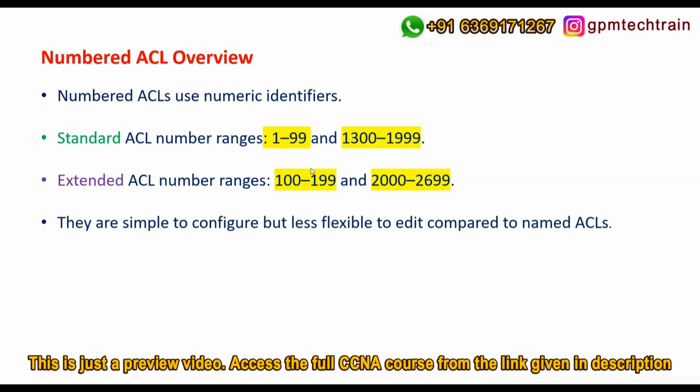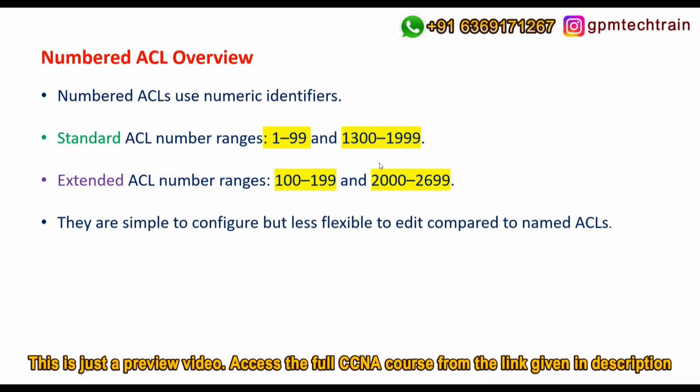Whereas if you use any range from 100 to 199 or 2000 to 2699, then the router will know that this is an extended ACL, and it will give you leverage to configure more filters, like in addition to source IP, destination IP address, TCP or UDP, then port numbers, protocols, etc. So you should be very careful whenever you're giving any numbers.